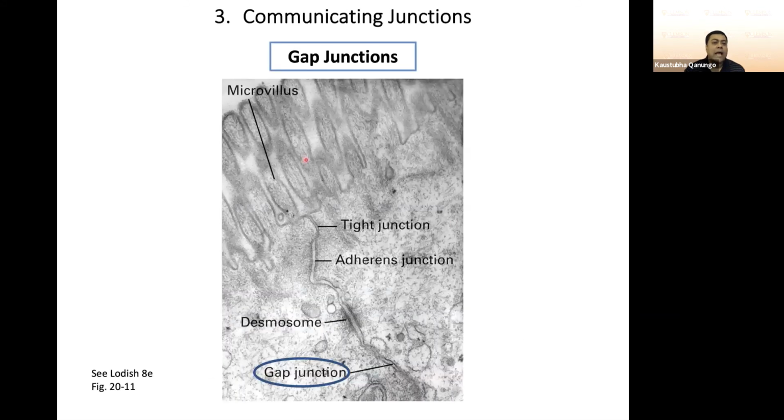All right, so the last one is your communicating junctions, the gap junctions. We just touched on this in one slide when we talked about cell signaling. So what are the gap junctions? You can see right here in just one picture, you have tight junctions, an adherens junction, a desmosome, and a gap junction. It's a beautiful electron micrograph.